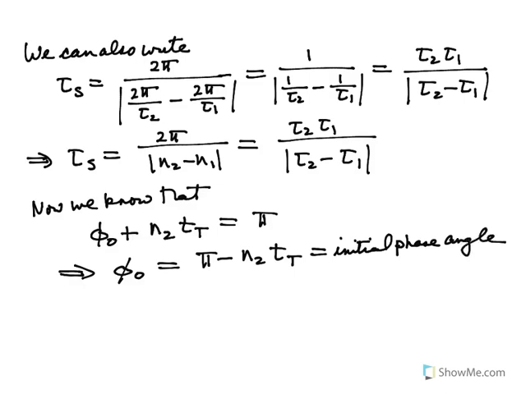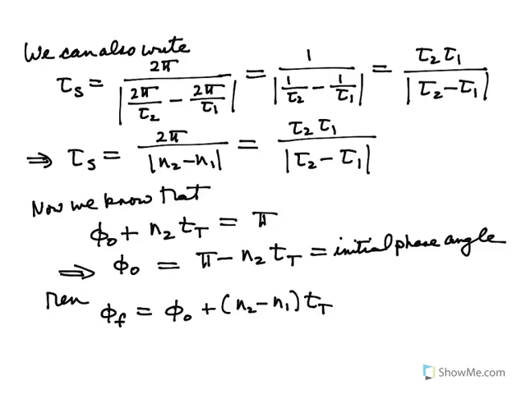And we know the transfer time. Remember, the transfer time is known. I just wrote it down, so that's a perfectly known quantity. So we actually have the initial phase angle. Once we have it, we can get the final phase angle, which is the initial phase angle plus n2 minus n1 times t sub t.